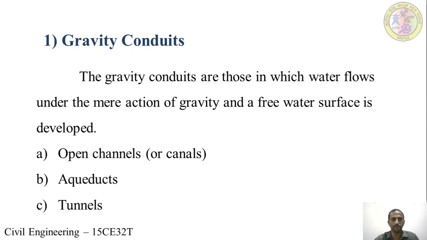For any sudden fall or rise, we have to provide supports and deep cuttings or tunnels. Because of these, the cost and maintenance cost of these conduits are more. Examples for gravity conduits are open channels, aqueducts and tunnels.